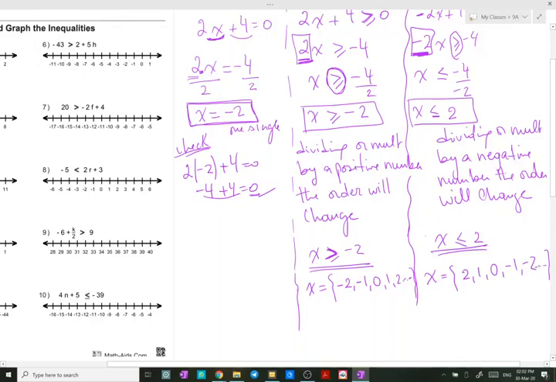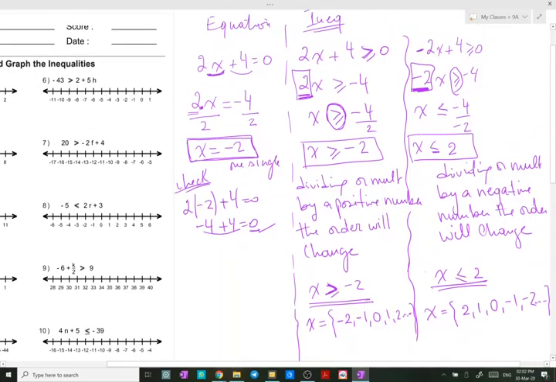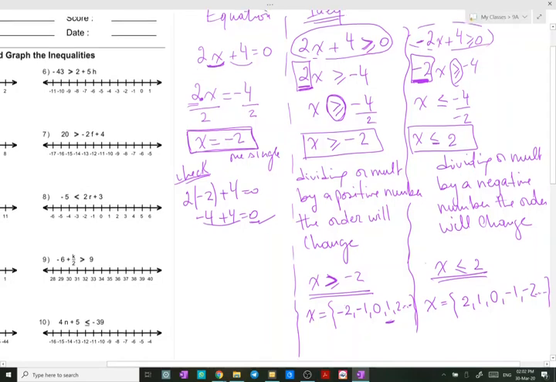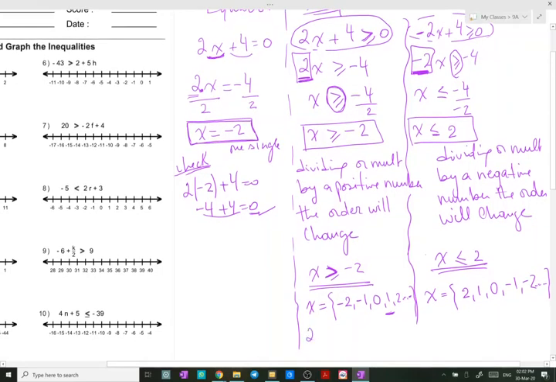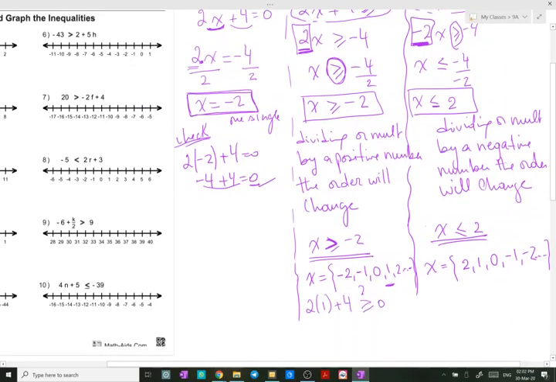So x has an infinite number of values that, when you replace them back up here, will satisfy the inequality. So if I choose, let's say, 1 from this set, I replace it in the original inequality. So 2 times 1 plus 4, is it greater or equal to 0? So 2 plus 4, which is 6, is greater or equal to 0.